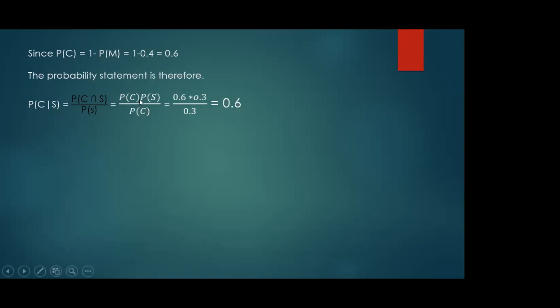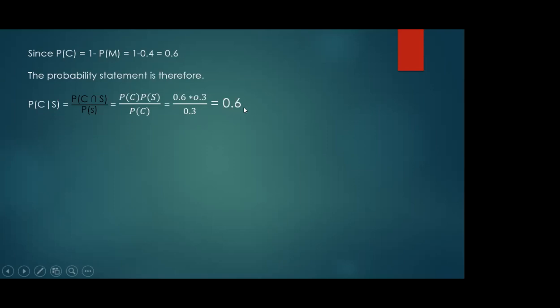So the probability of C intersect S is going to be the probability of C times the probability of S, divided by the probability of S, which is equal to 0.6 times 0.3 divided by 0.3. We can cancel both our 0.3 and we're left with 0.6.